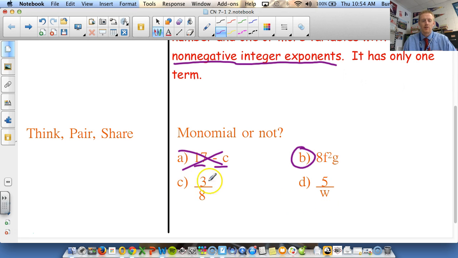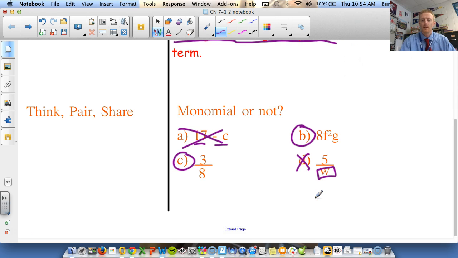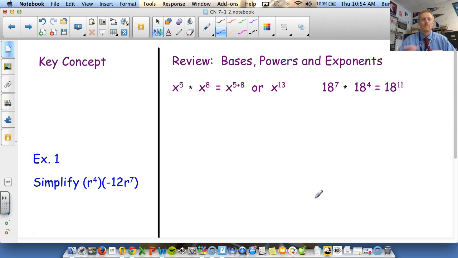C, we just divided. 3 divided by 8 is 0.375, which is just one number, a monomial. And then letter D, 5 divided by W, we cannot have a variable in the denominator, therefore this one is not a monomial.